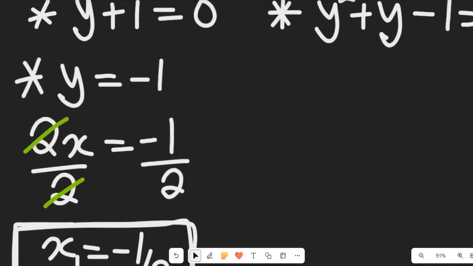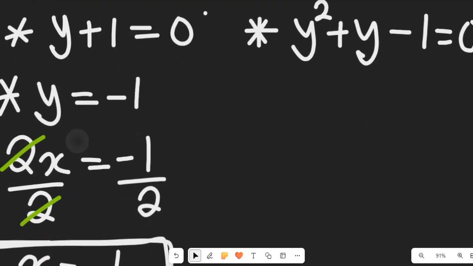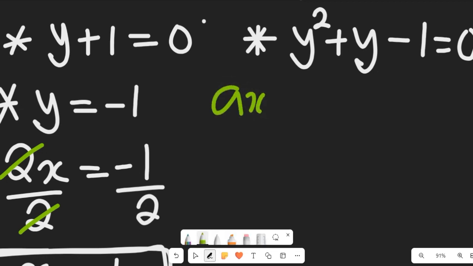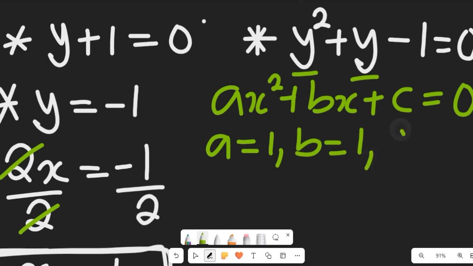The next two solutions we can get from that quadratic equation that is given to us. Now let's consider the quadratic equation. That quadratic equation can be compared to ax squared plus bx plus c equal to 0. So from that expression, you see that a is equal to 1, b is equal to 1, and c is equal to negative 1.